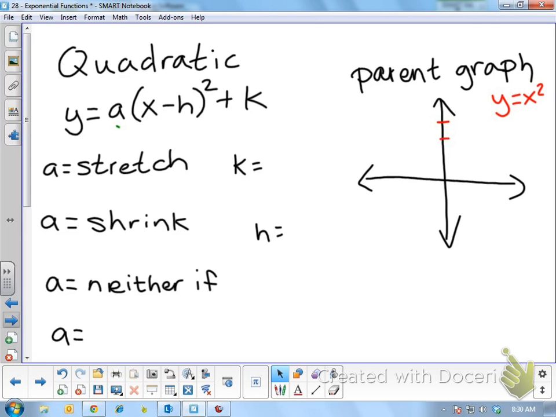So let's review how we graph a quadratic. The quadratic equation I gave you is y equals a times x minus h squared plus k. We haven't seen this form for a while. What form did we call that?